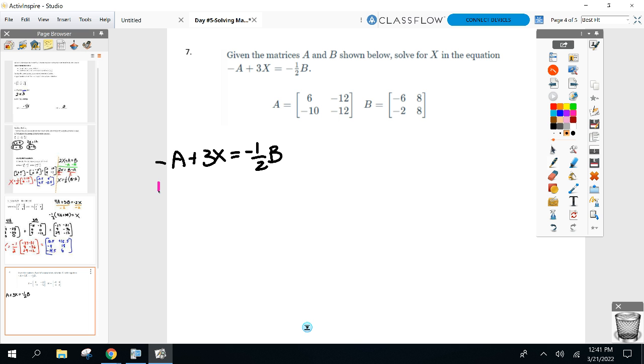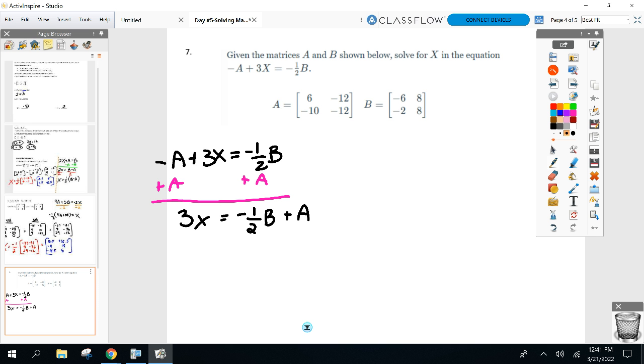Let's get the A over, add it over. I got 3x. Now, how you write this is up to you. I'm going to keep it the -1/2 b first and then add A. But if you want to write A -1/2 b, hey, your call, your show.